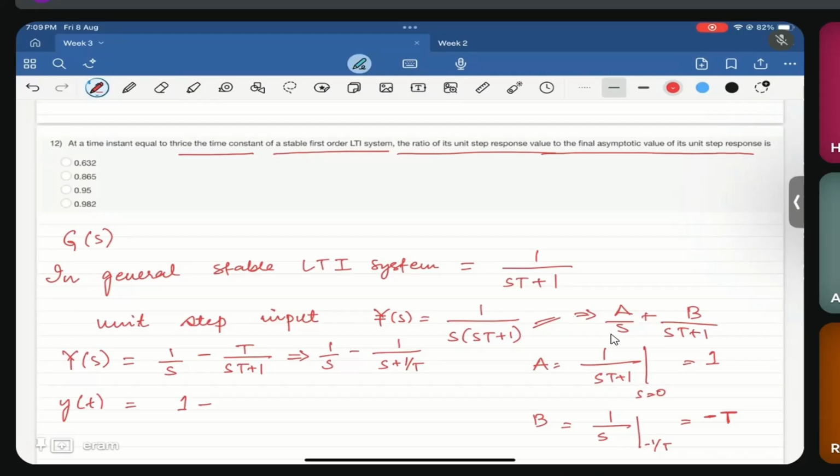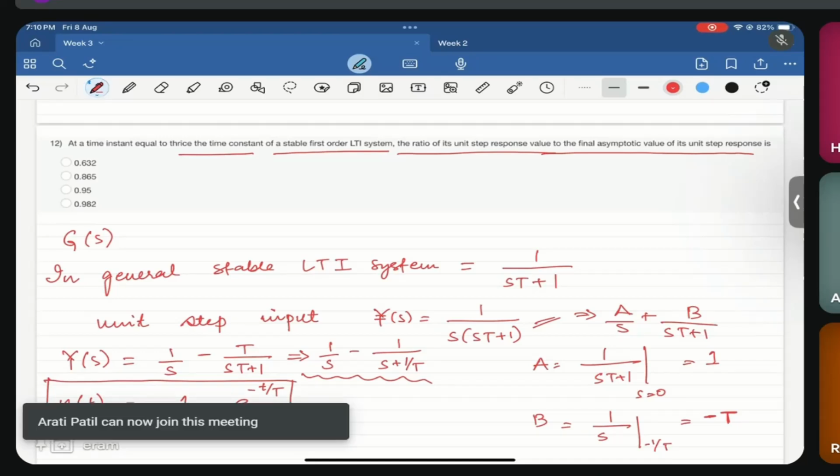So now y(t) will be 1 minus e to the power minus t by capital T. So this is the step response of a linear time invariant system.